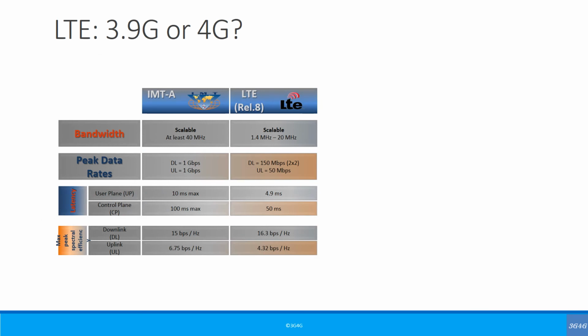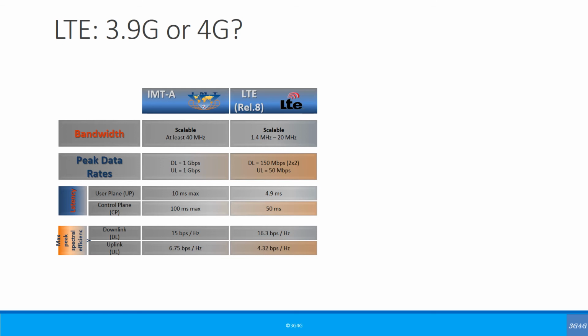Now, there was a lot of debate as to whether the initial version of LTE is really 4G or it's 3.9G, right? Because IMT-Advanced had certain requirements, and the main requirement, as you see in this picture, was that the downlink and uplink data rate should be at least 1 gigabit per second. But the initial LTE devices that were available, right? 3GPP works in different releases.